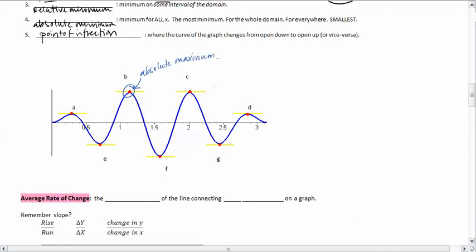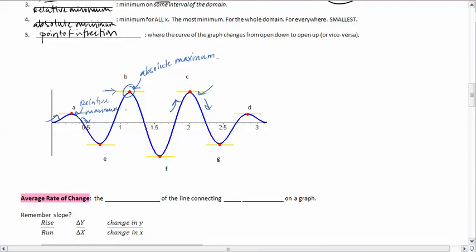C and A are relative maximums. They occur when we go from an increase to a decrease, but they are not greater than B.